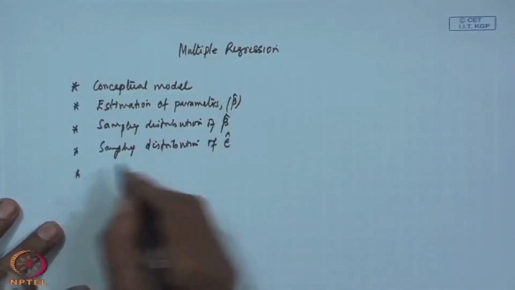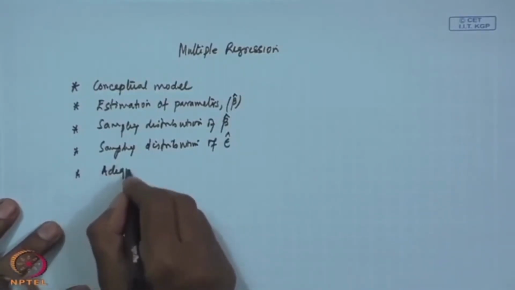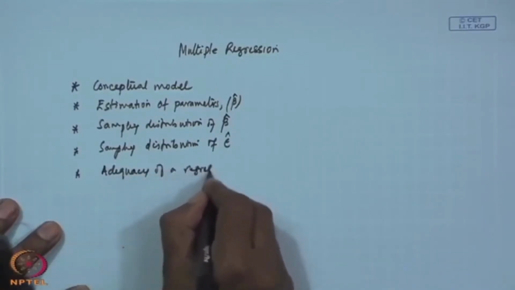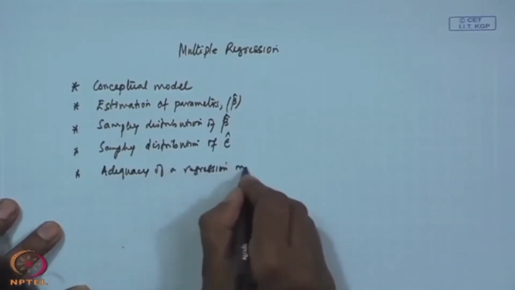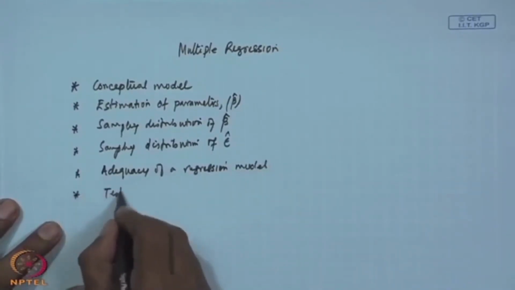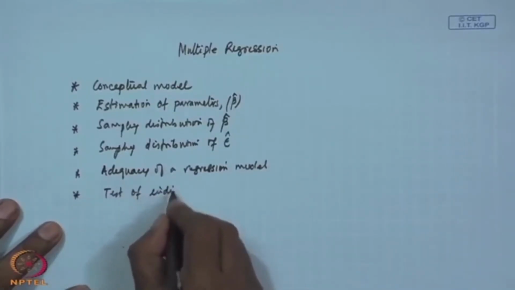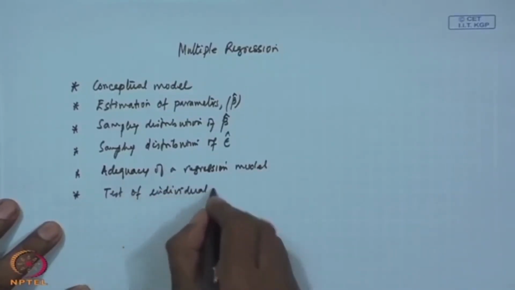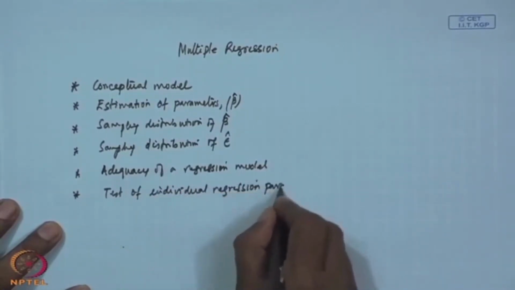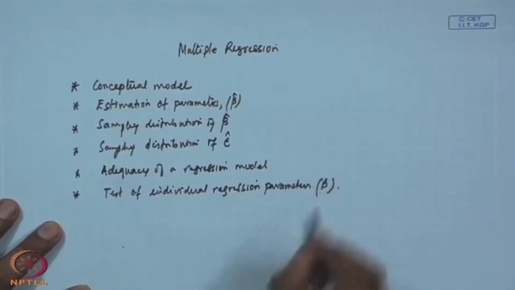Then we will go for that model fitting issue, that is adequacy of a regression model. Then we go for test of individual regression parameters, that is all betas.